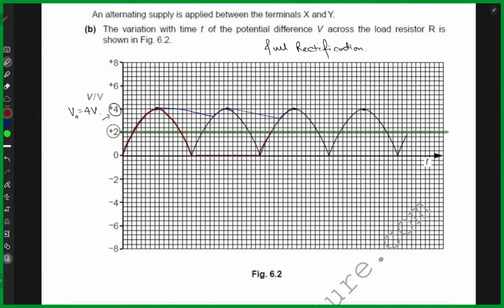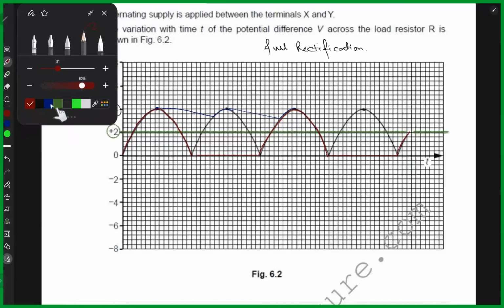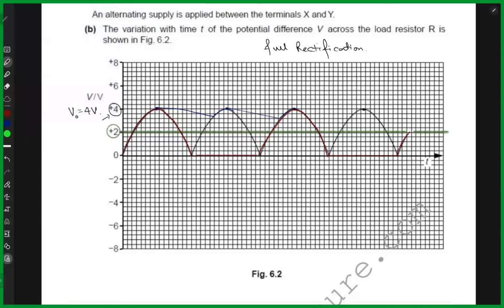Then again, it will go like this. And then again, it will be 0. And then again, it will start. Okay, so is that clear? Yes. Okay, all right.